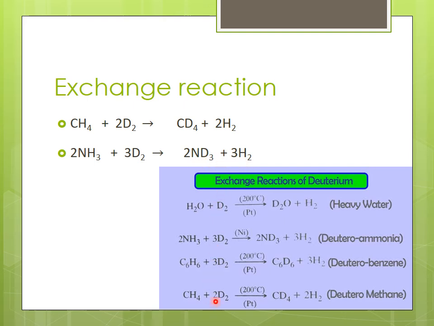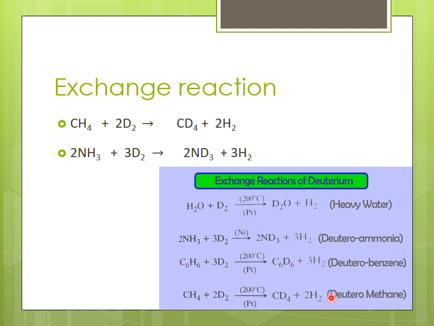And there are some more reactions. Water plus D2, all the hydrogen will be replaced and you will get D2O. Look at the condition: temperature 200 degrees Celsius and platinum. So you are getting heavy water, ordinary water converted into heavy water. The ammonia reaction we just saw, where they haven't mentioned the condition, but here in the presence of nickel, deuteroammonia.